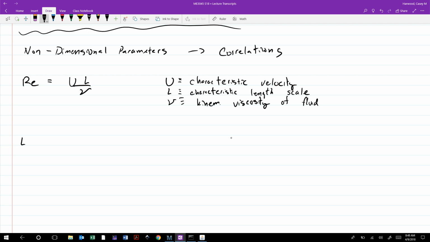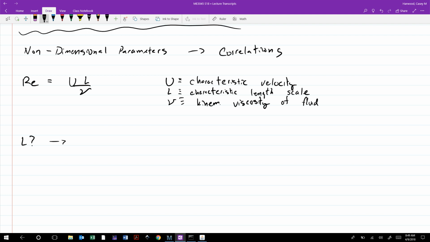Luckily, L we can answer by saying that this is going to be, once again, any linear dimension of the problem that is considered important to the case we're considering. So this is one you have to actually select based on sort of intuition. If we're dealing with a plate, and we'll do this in an example in a second, if we're dealing with a plate that's 10 centimeters by 10 centimeters, in terms of its plan form, right? 10 centimeters.